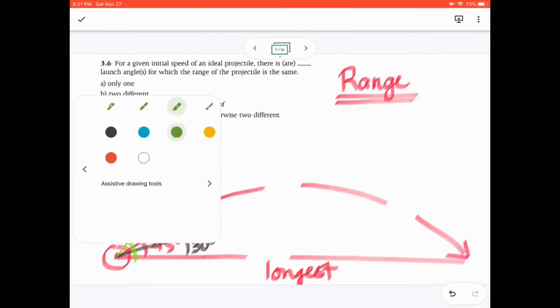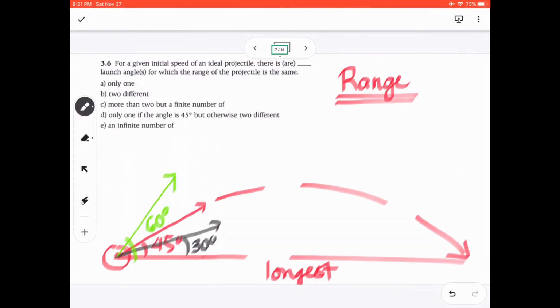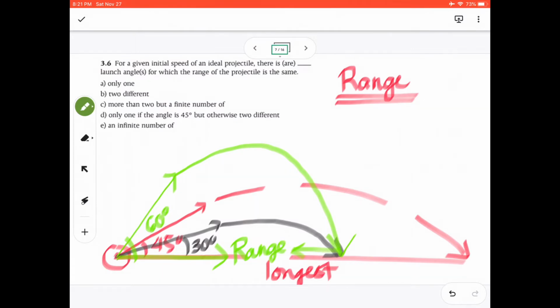Now what range will you get? For 30 degrees, maybe it will reach until here, and for 60 degrees you're going to reach the same range. This is one of the properties of launching angles of a projectile. The ranges for 30 degrees and 60 degrees at the same initial velocity will be equal.